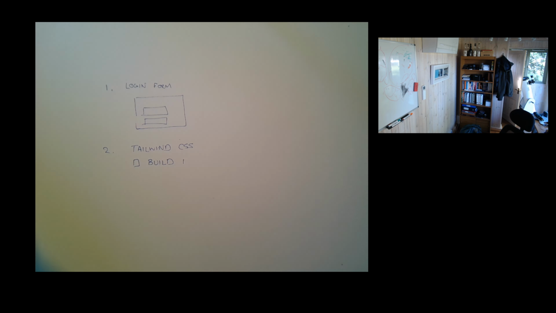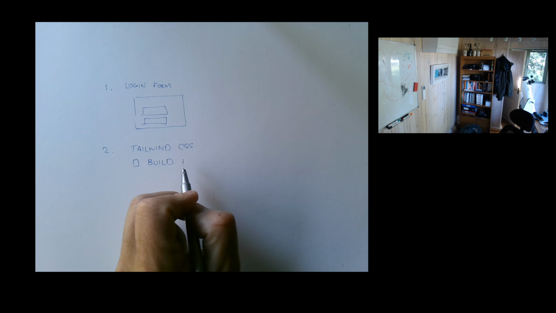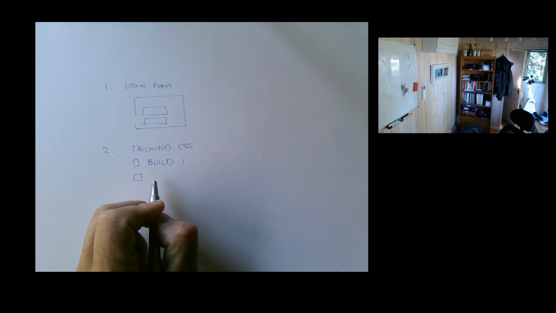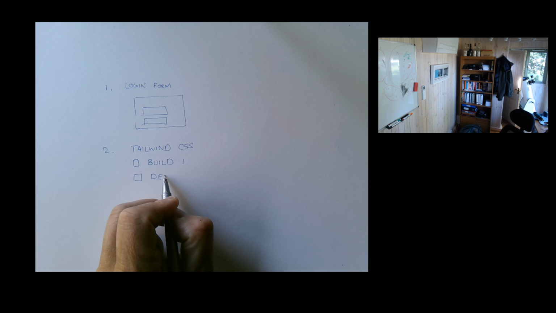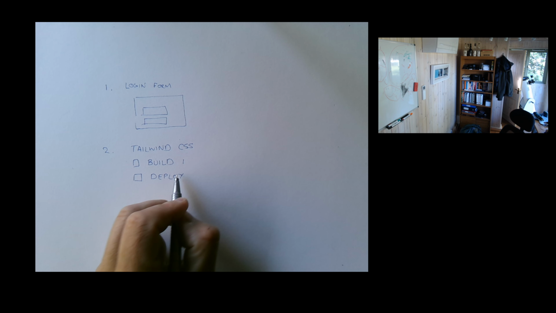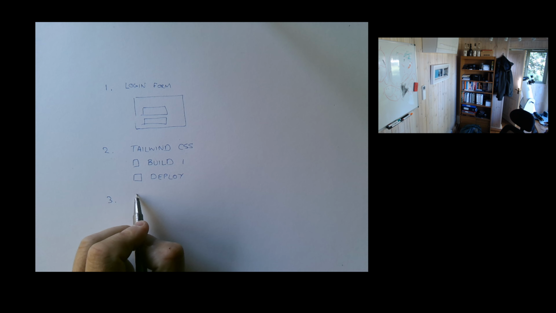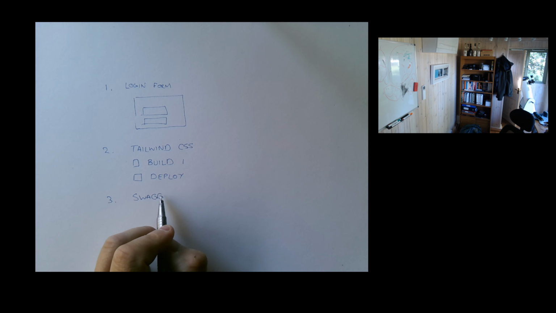Turn this light off so it might be a bit clearer on the screen. Build. I'll deploy that. And then finally, I'd like to look at adding Swagger UI resources.